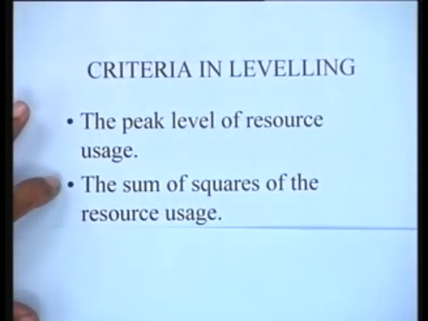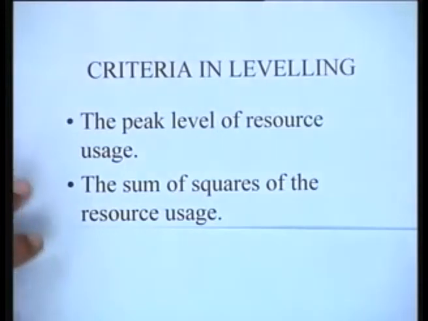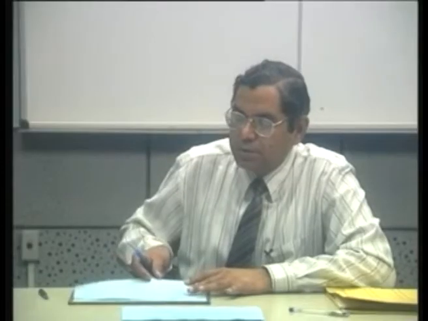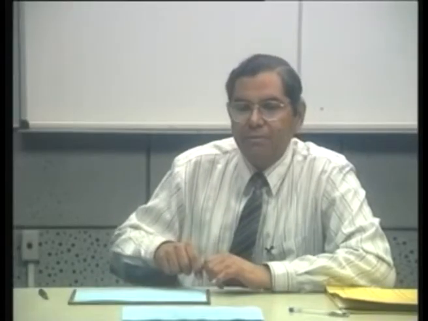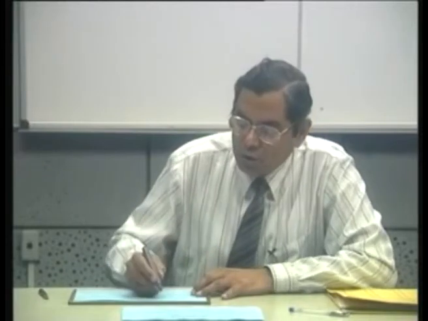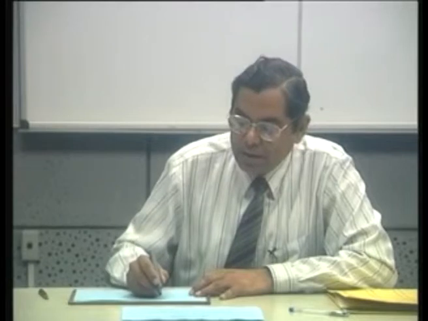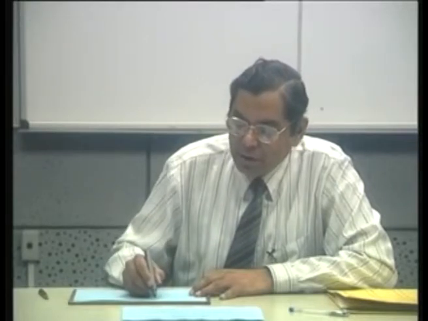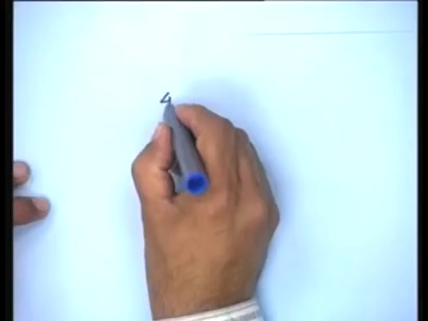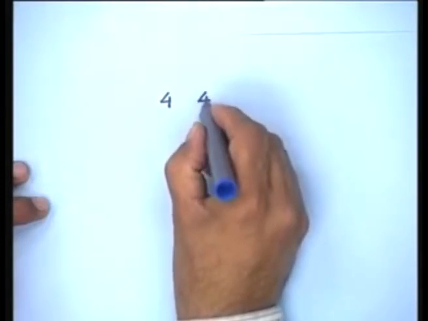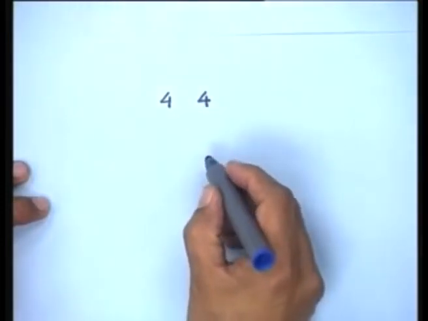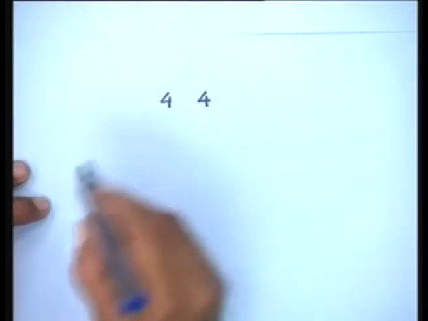Maybe to give you some intuitive concept of this, for instance, suppose that we have a resource usage for 2 days, which is, let's say, of the order of 4 men consumed on the first day and 4 consumed on the next day. This is the best possible thing which can happen.